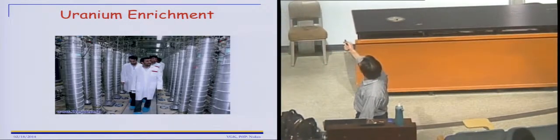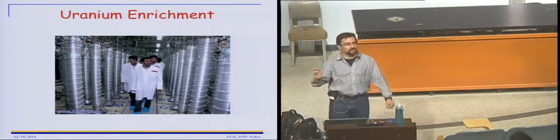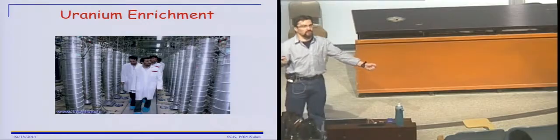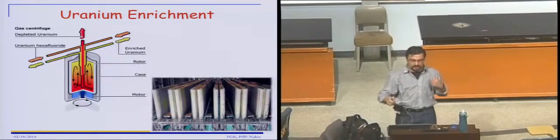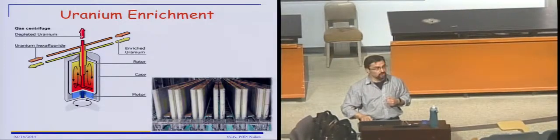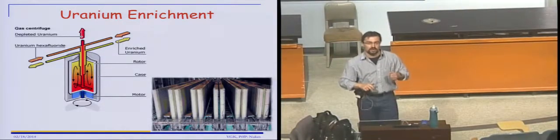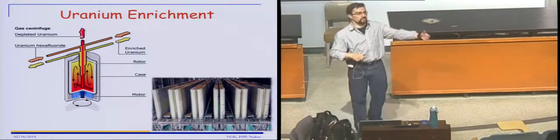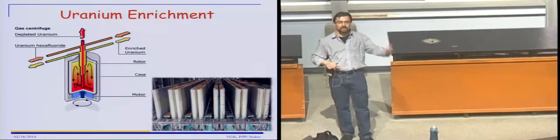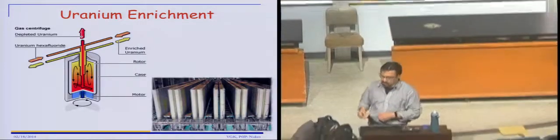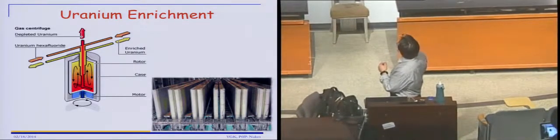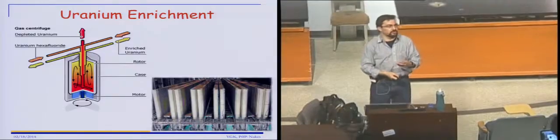These big columns here are so-called centrifuges that take natural uranium, convert it into uranium hexafluoride gas, and enrich the fraction of uranium-235 from natural abundance of about 0.7% to a higher number. And how high you need to go depends on the use for this fuel.